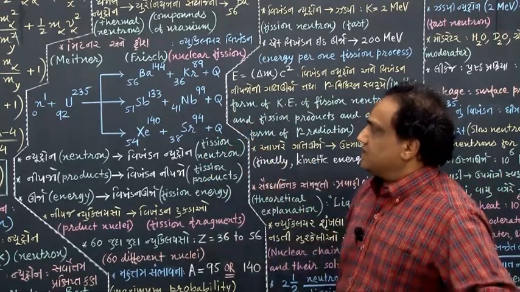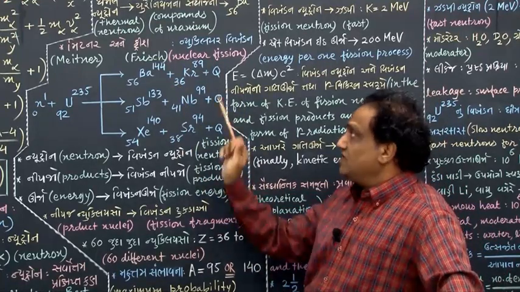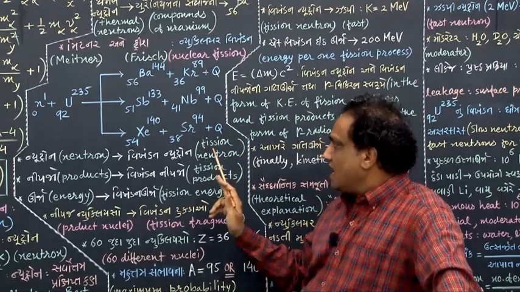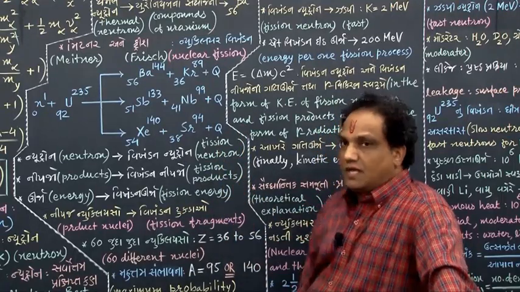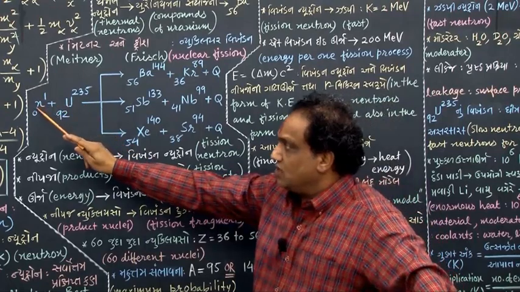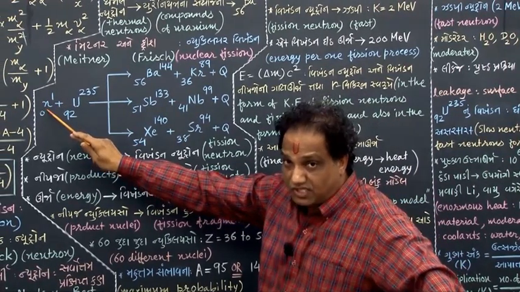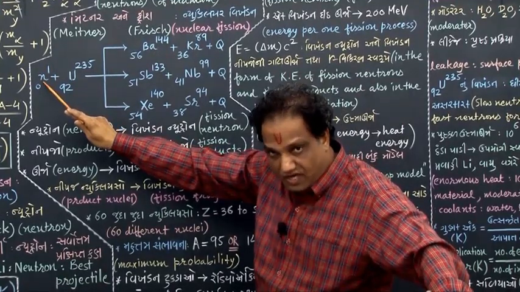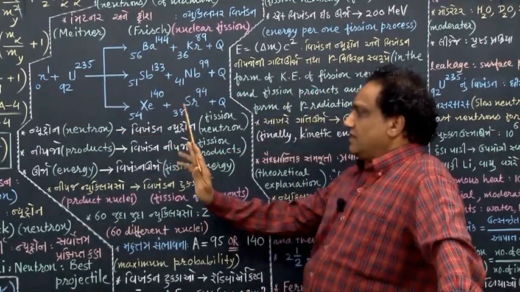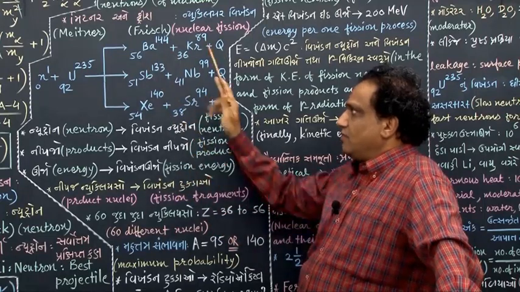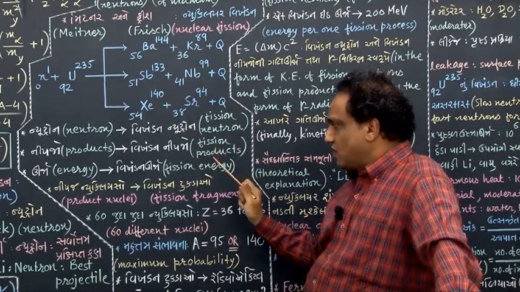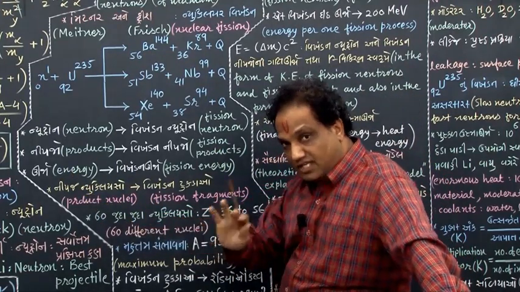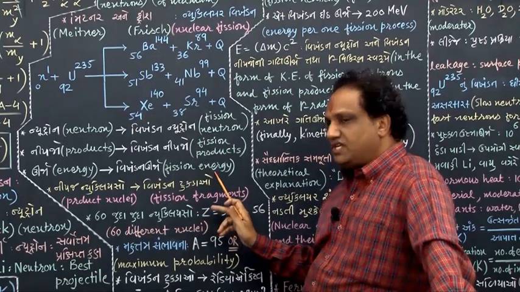Now, in this process, after the reaction, whichever neutrons are emitted in the process of fission are called fission neutrons. Remember, this is projected neutron, this is incident neutron, this is not fission neutron. Okay, fine. Then whichever products we obtain in the process of fission, they are called fission products, and whatever energy is liberated in the process is called fission energy.